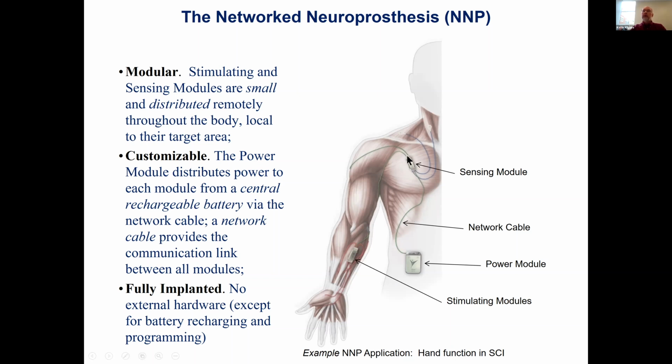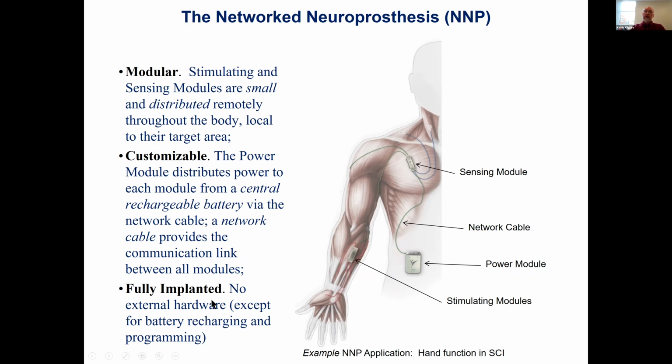And then, of course, you can daisy chain, in theory, as many of these modules together to provide the kinds of function that you want. So this particular example here is shown for hand function and spinal cord injury, but that's not really the point of this particular talk. It's not any specific application. It's really just the broad application of this technology.